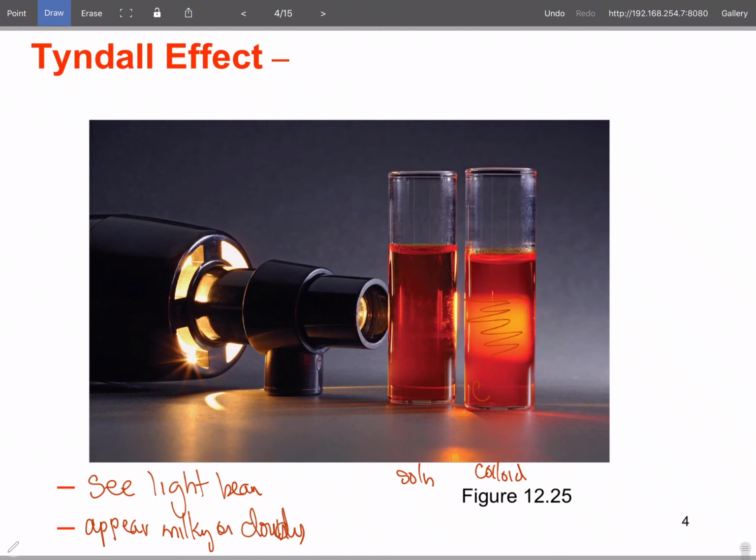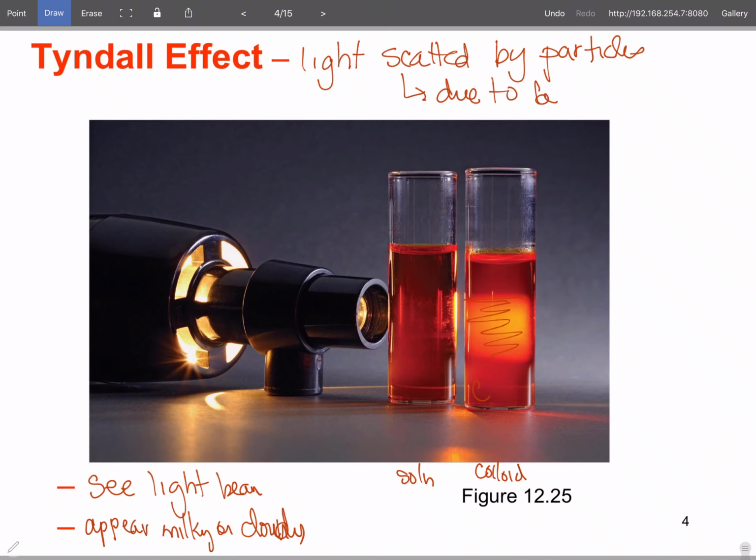And remember, the Tyndall effect is when the light is scattered by particles. And they're scattered due to the size. And again, we're talking still teensy, but we're talking about large particles as compared to light beams.